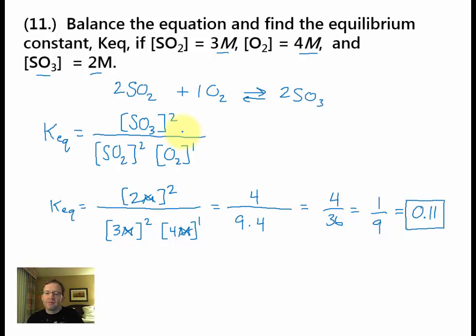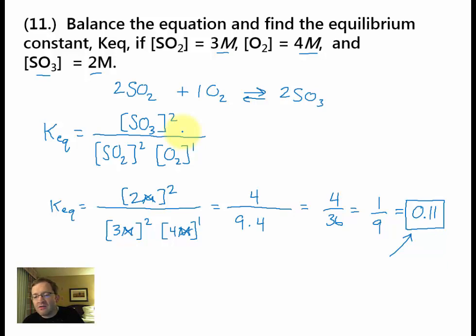Now remember, if KEQ is greater than 1, it favors the products. Those must be larger values on this side of the equation than the reactants. But if KEQ is less than 1, as we see here, then we would say that the reaction is tilted back toward the left and that the reactants are favored. Well, look at the numbers we've got here. It makes sense, right? My product had a concentration of 2. My reactants had concentrations of 3 and 4. Those are bigger numbers.